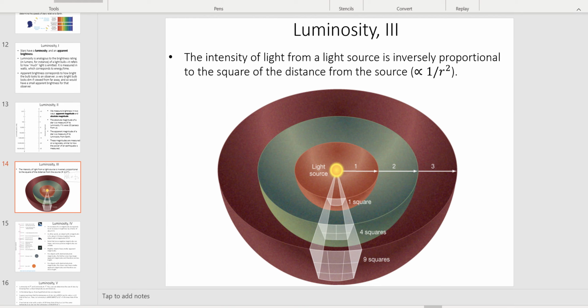Let's say that we have a light source, a star, and we are measuring the light from that star in 3 different locations. One location is at a distance of 1 from the star. This could be 1 astronomical unit. This could be 1 light year. It doesn't matter.